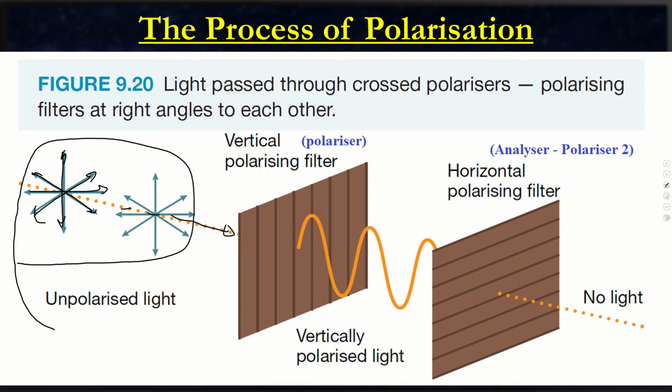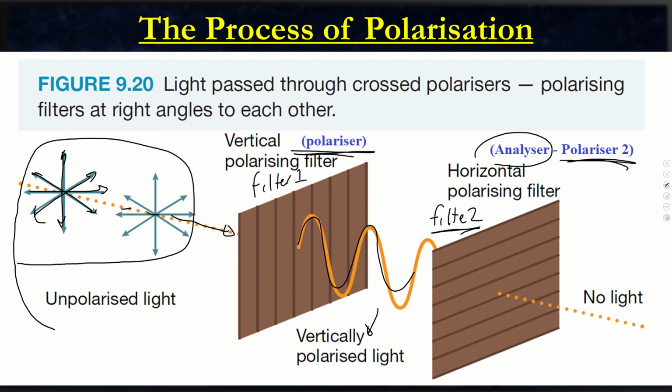When it comes through the vertical polarizer, the very first polarizing filter, which we call the polarizer, so that's our filter number 1, the wave that we produce is known as vertically polarized light because it's gone through a vertical filter. If we go through filter number 2, a second polarizer, we call that an analyzer, or analyzer 1.